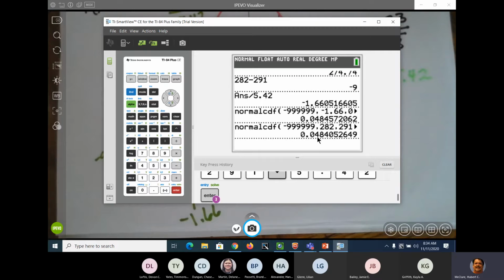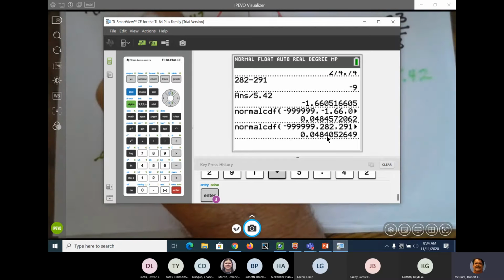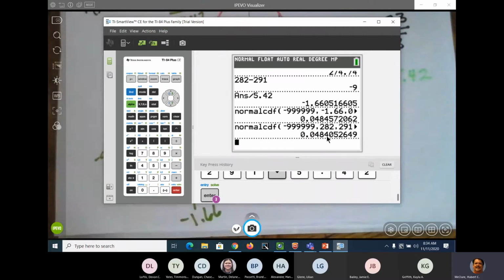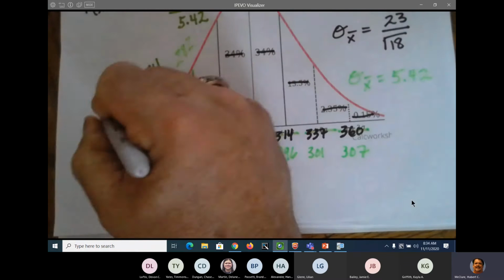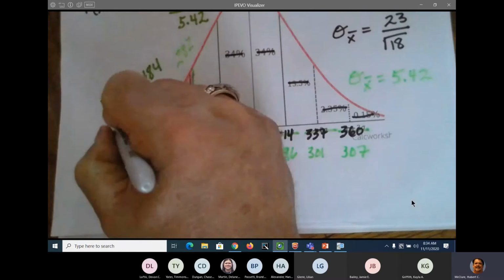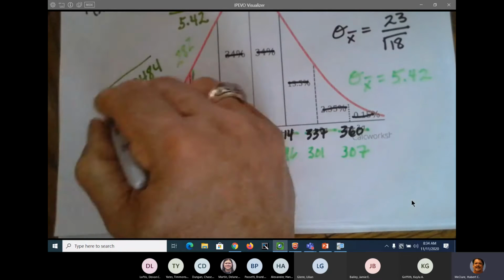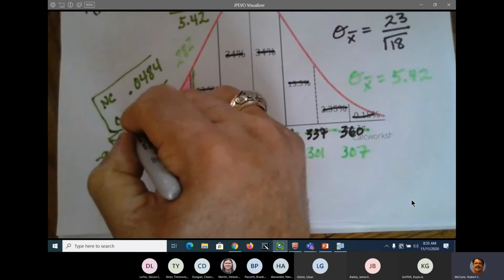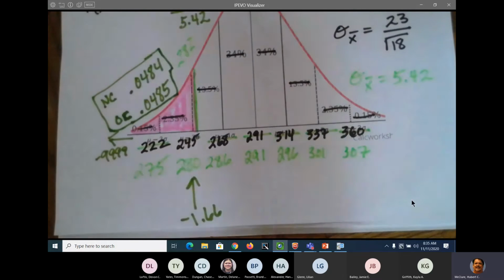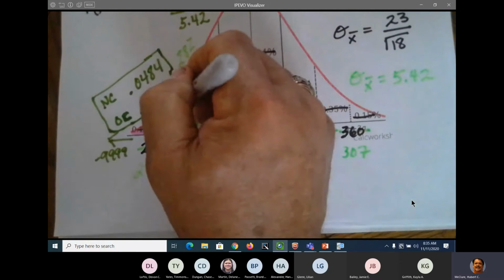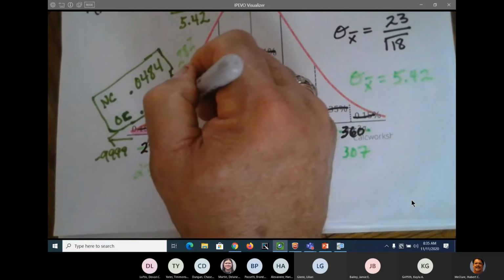In fact, it's very close. 0.0485 and 0.0484. So this is the new calculator, and this is the older calculator. And that is the area there.